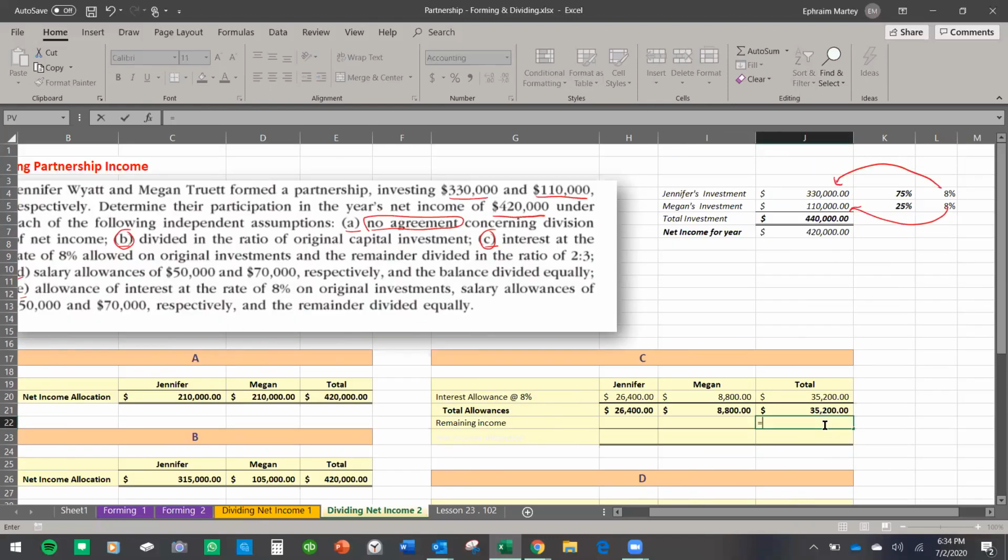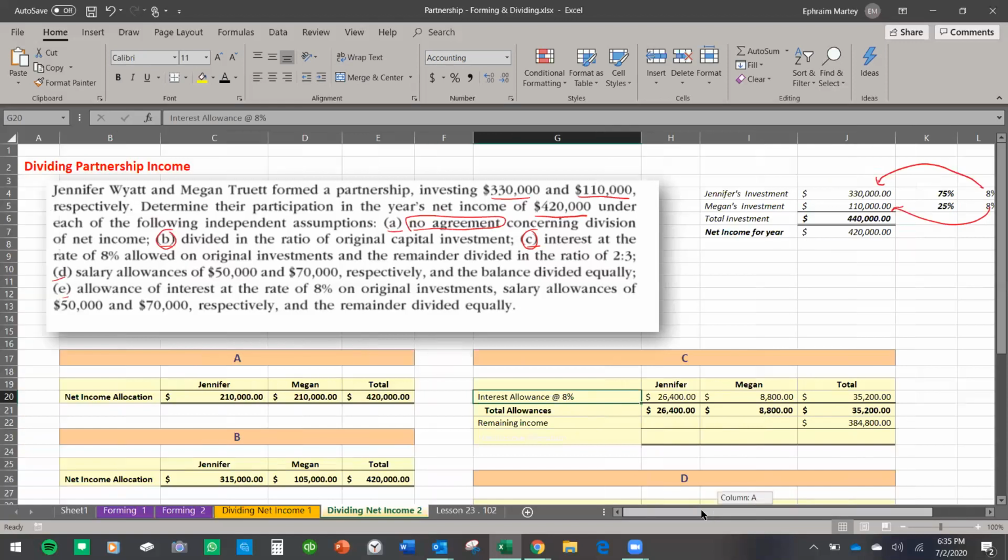So the remaining is 420,000, that is the net income, minus how much we have given them so far. That is the total. So that is what is left after we distributed the interest allowance. Now what is the agreement on the remaining? How much do we share among them?